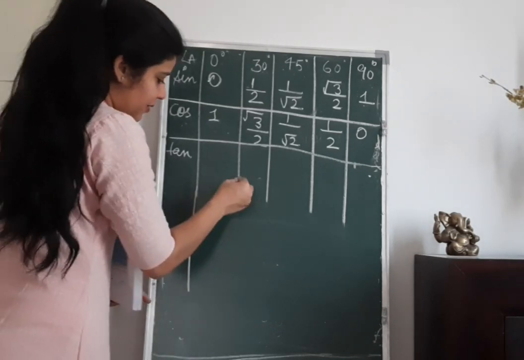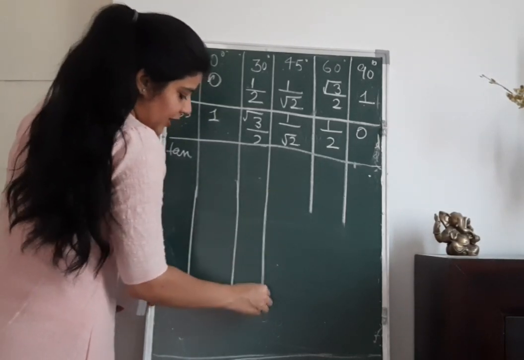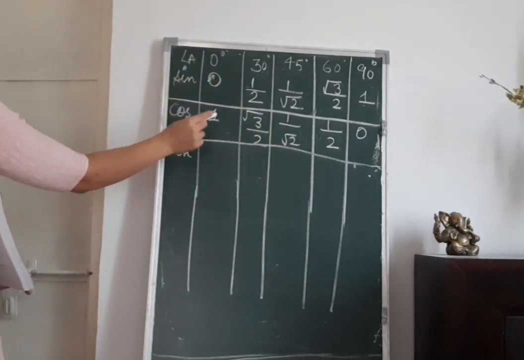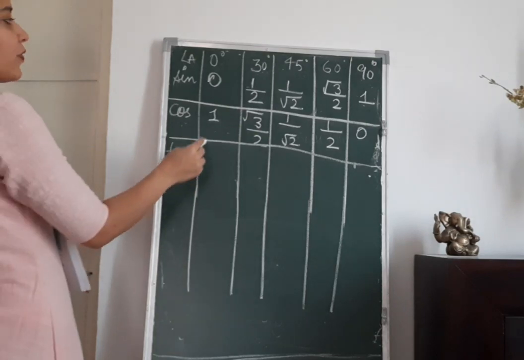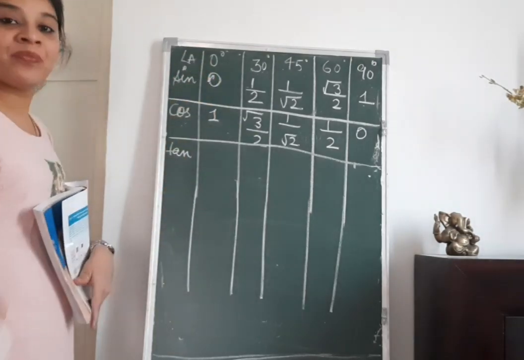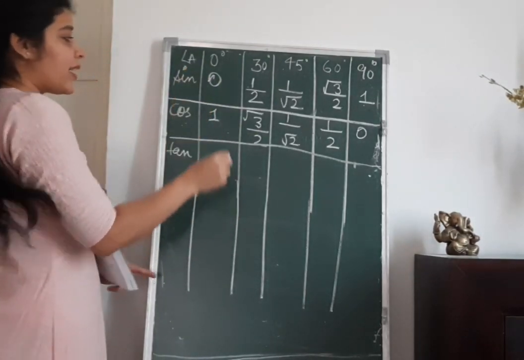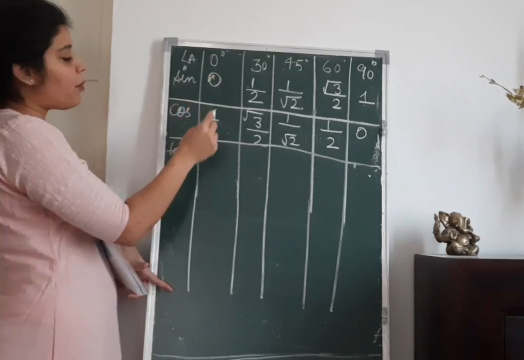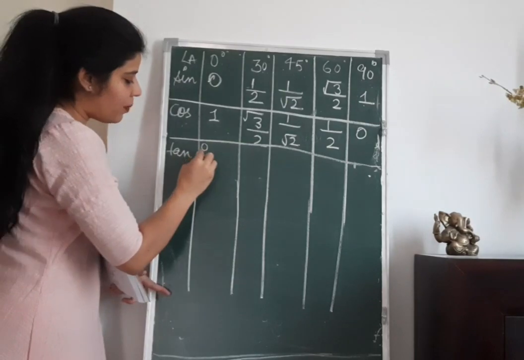If I just divide these values, can I say, like, if I am going to divide 0 by 1, am I going to get the value for tan 0 degree? Yes. How am I going to get the value of tan 0 degree? That is sine 0 degree upon cos 0 degree. That is 0 upon 1 is what?